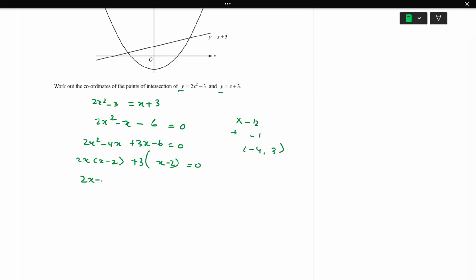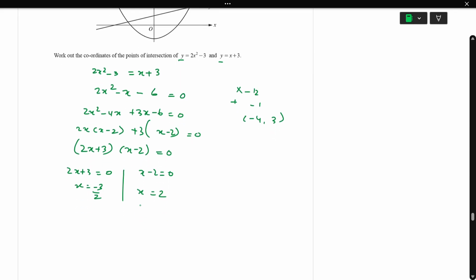So 2x plus 3 and x minus 2 equals 0. So 2x plus 3 equals 0 gives x equals minus 3 over 2, and x minus 2 equals 0 gives x equals 2.